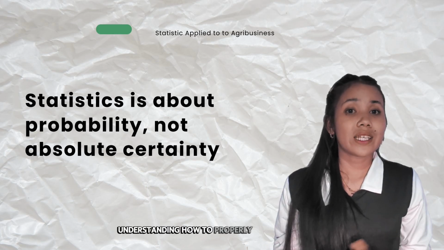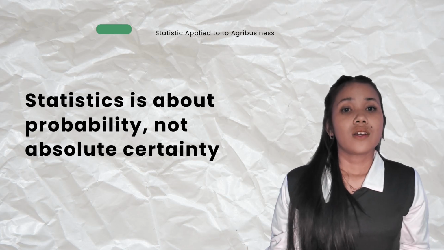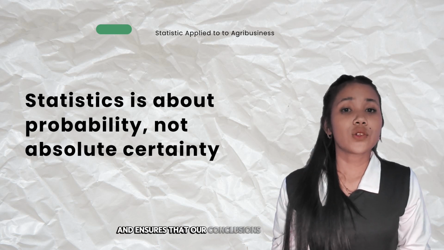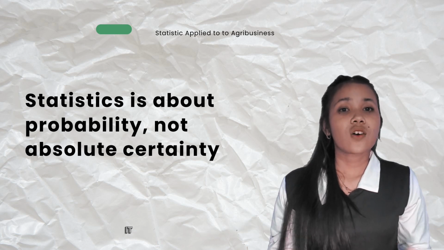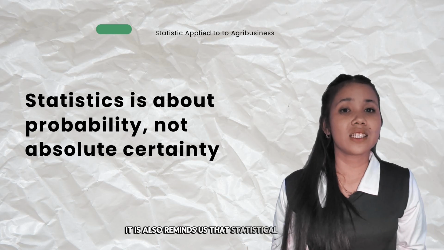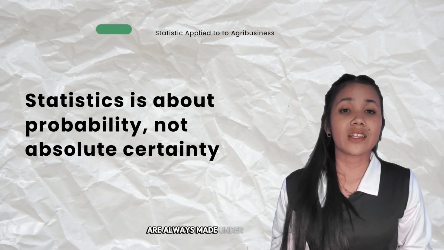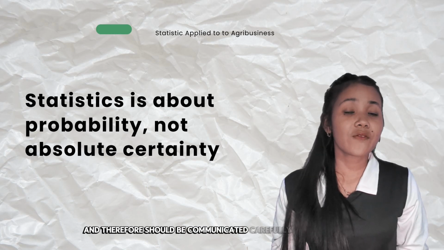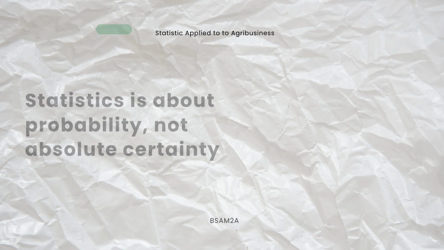Understanding how to properly interpret results helps us avoid common mistakes and ensures that our conclusions are reasonable. It also reminds us that statistical decisions are always made under uncertainty and therefore should be communicated carefully and responsibly.